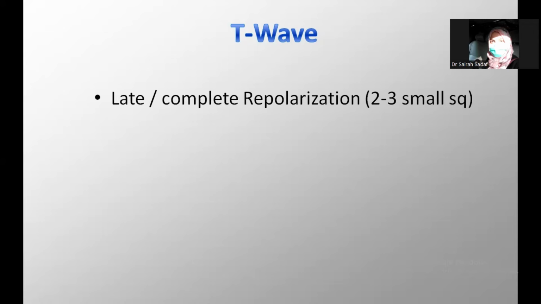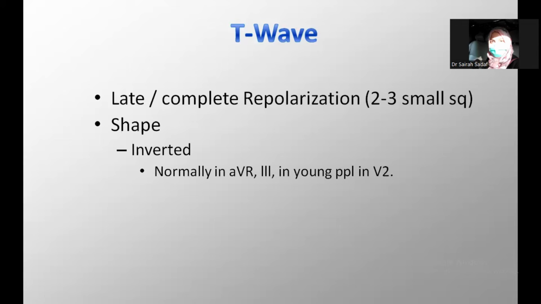So it's about 2 to 3 small squares. Its shape is usually rounded, and it's always upward, but it may be inverted. It may be normally inverted in lead aVR, lead 3, and in young people in lead V2.